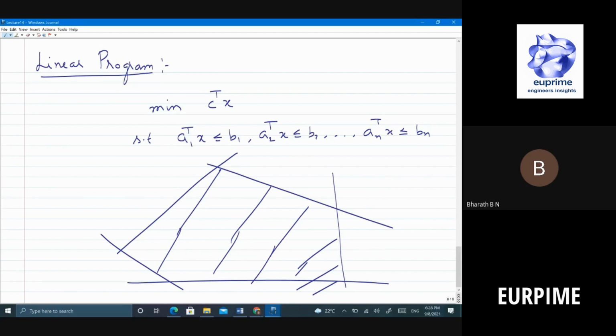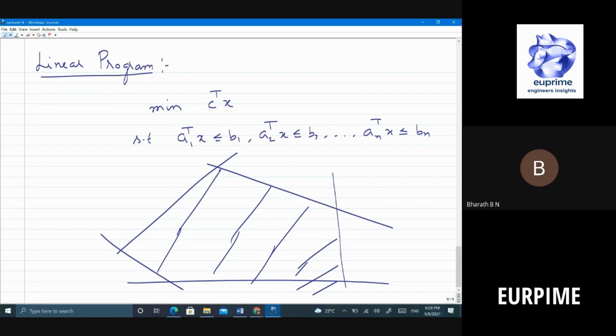Well, it's a polygon in n dimension, right? So in 2 dimension it's easy. 3 dimension it becomes complicated to imagine, but still you can imagine, right? N dimension you cannot imagine, but it has so many surfaces or faces and they intersect. So this is the constraint set.